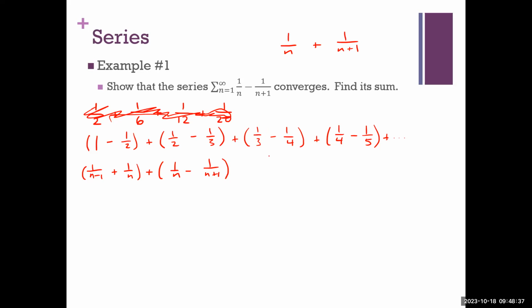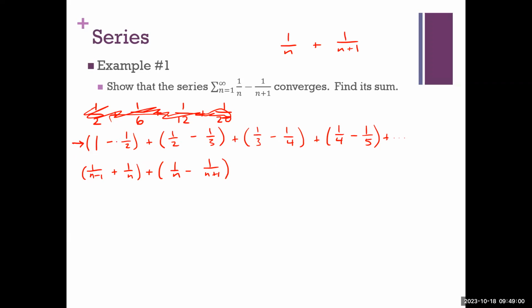So let's just look at the early part of the series. In this row here, if I start summing up those terms, what's going to happen? So let's start at the 1 minus a half plus a half minus a third. What's that going to come out to be? 1 minus a third, right?